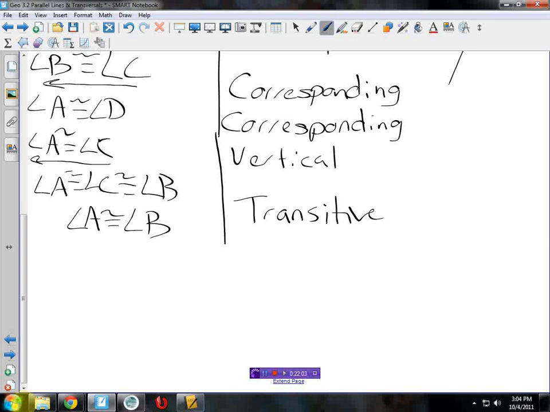Now, what transitive means is basically that there's three things, right? They're equal to a middle one, and we're just getting rid of that middle one. So it's like saying that Cook is the same age as Katie, which is the same age as Alexis, so we get rid of the middleman, which is Katie.